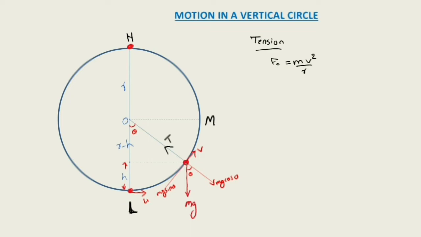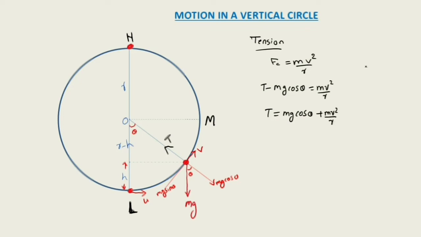At the point P, tension and mg cos theta are acting in opposite directions and tension will be greater, so we can write tension minus mg cos theta is equal to m v square divided by r. Correct? Now, what is the tension here? Tension is equal to mg cos theta plus m v square divided by r.